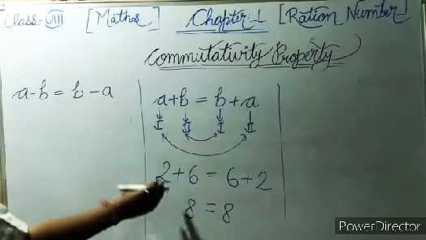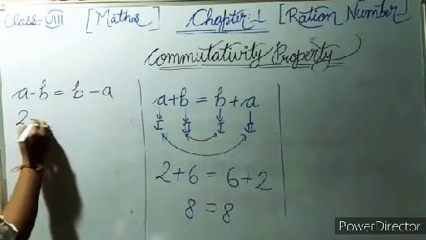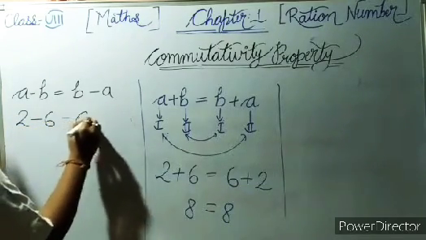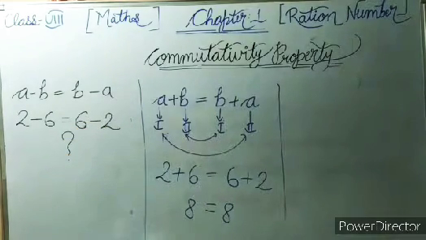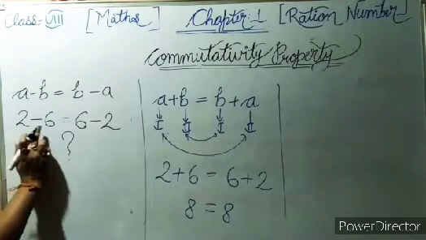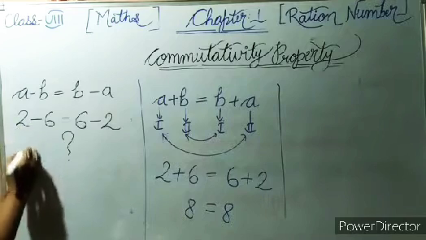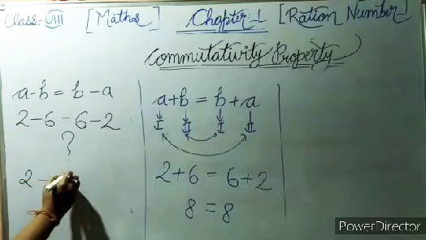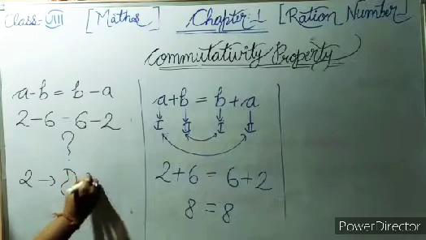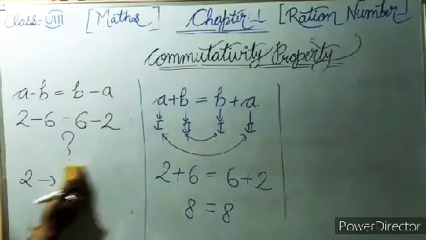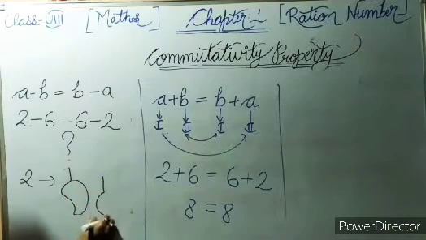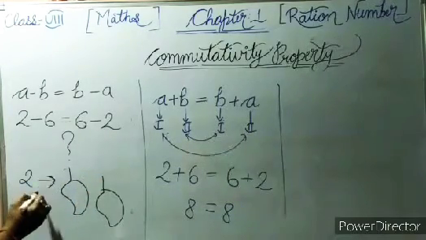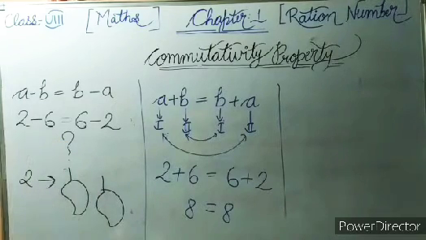For example, we take the same numbers: 2 minus 6 and 6 minus 2. Is it the same? Think about it. We have 2 mangoes, but we want to give 6 mangoes.